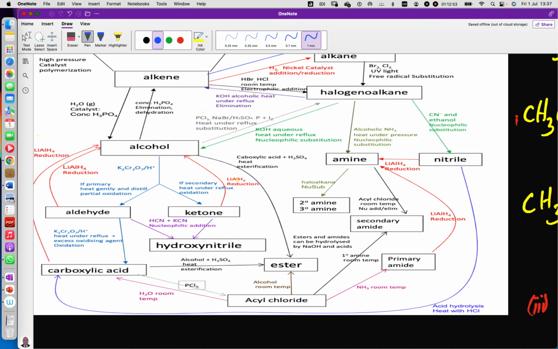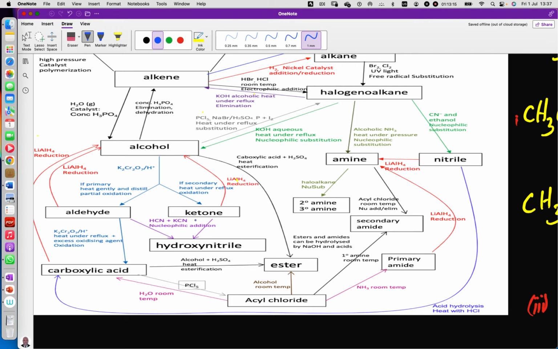The alcohol plus the carboxylic acid is heated with concentrated sulfuric acid, which is used as a catalyst, and the product will be an ester, and this process is called esterification.